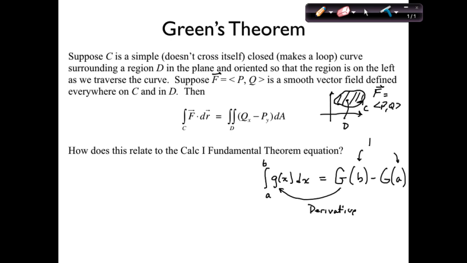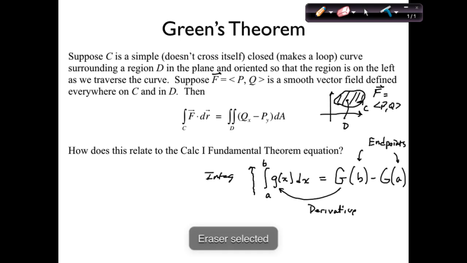So we can just evaluate the antiderivative at the endpoints, and that gives us the same result as accumulating bit by bit from one endpoint to the other, right?